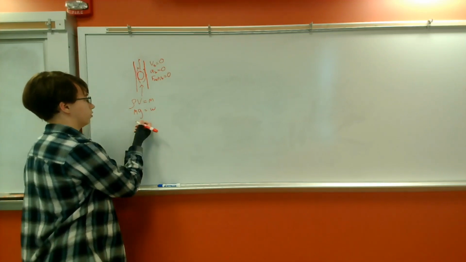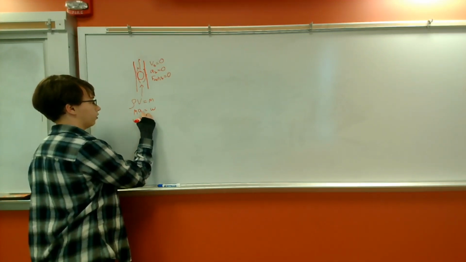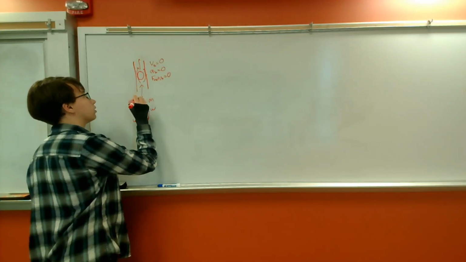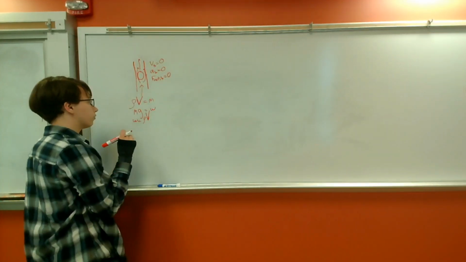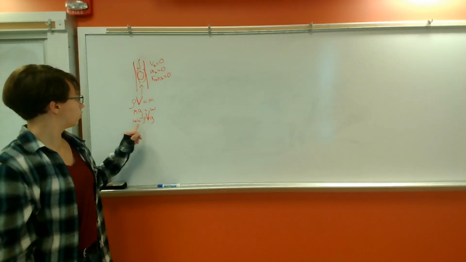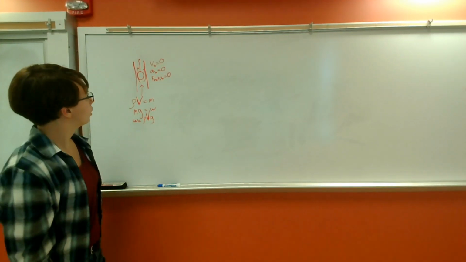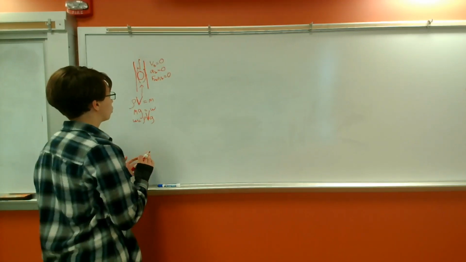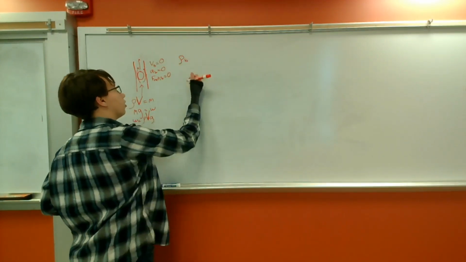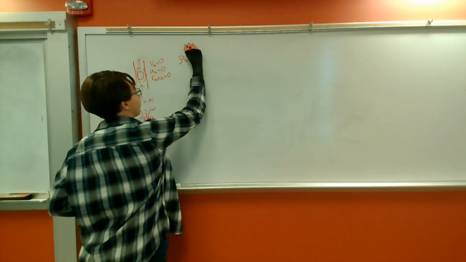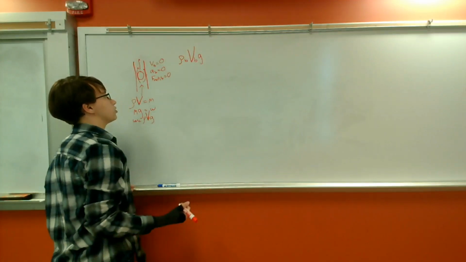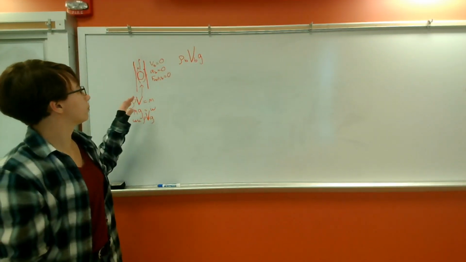So for the weight of the ball, we're going to use the density times volume, not to be confused with velocity, which is small v, times g. So we have the density of the ball times the volume of the ball times the acceleration due to gravity. So that's the actual weight of the ball.